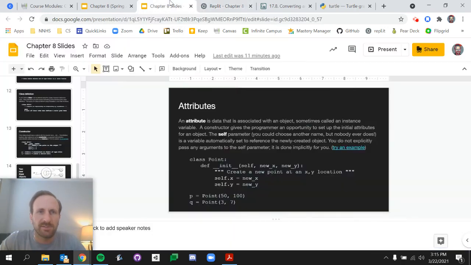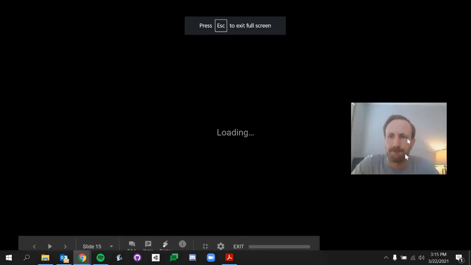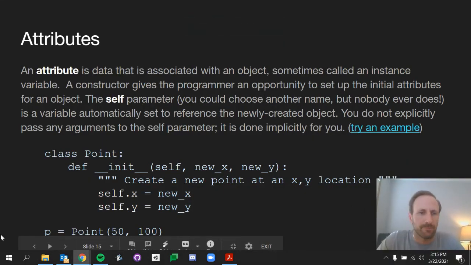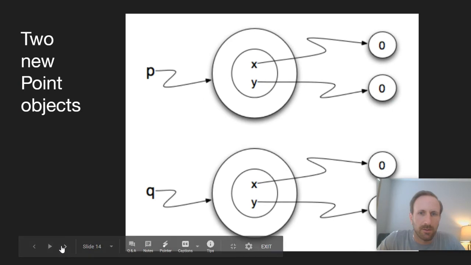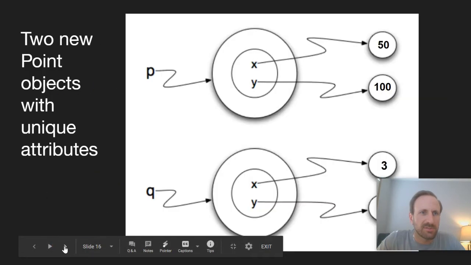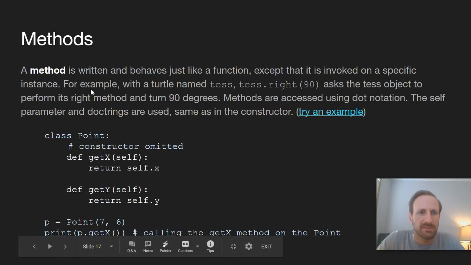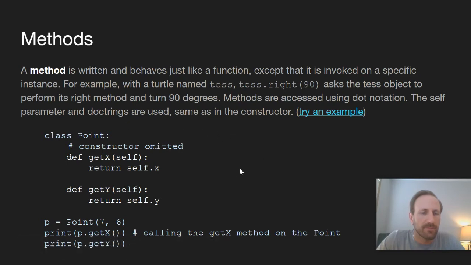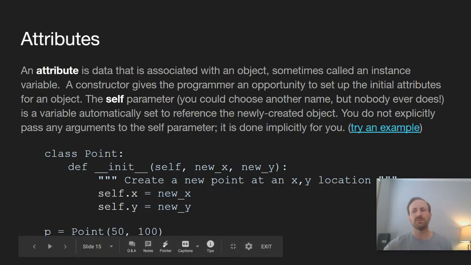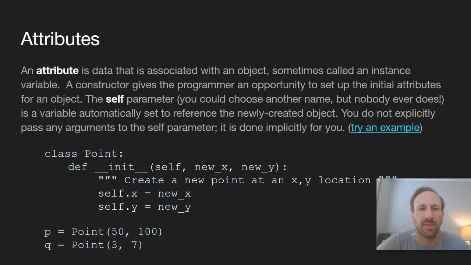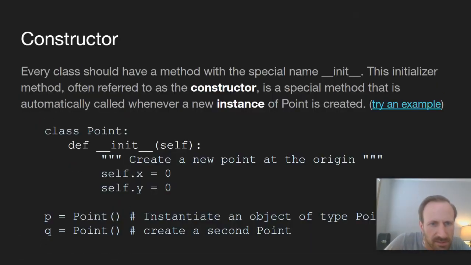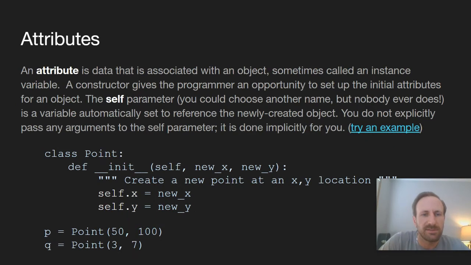So let's go back to our slides for a moment. All right, so we're going to come back to attributes. We're going to skip ahead and look at methods. Or no, I take that back. Let's just briefly look at attributes. An attribute, when we're referring to a class, is the data associated with the object.